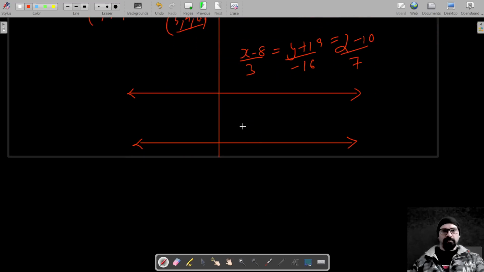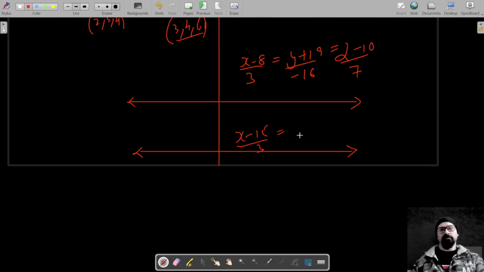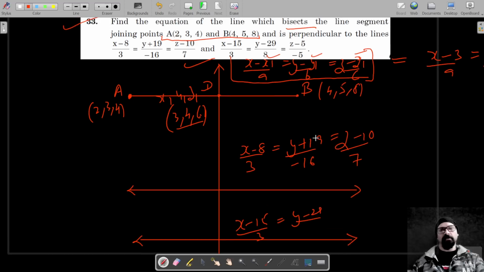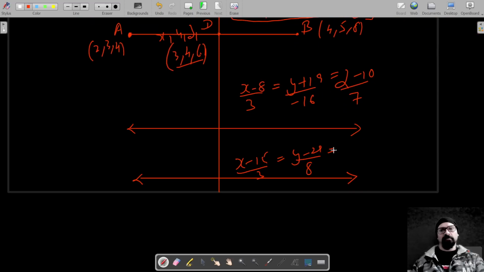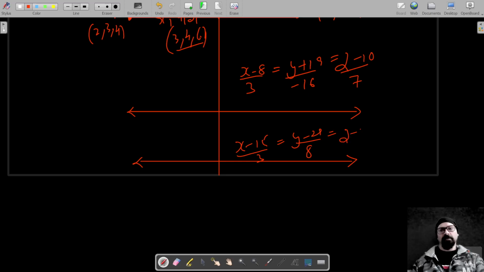The equation of the second line is (x minus 15) by 3 is equal to (y minus 29) by 8 is equal to (z minus 5) by negative 5. These are the direction ratios a1, b1, c1 of the first line, and these are a2, b2, c2 of the second.